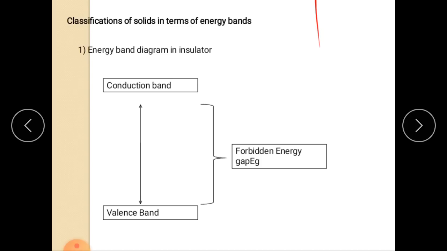The difference between the valence band and the conduction band is large. There is a large energy gap between them, and this forbidden energy gap is about or more than 3 electron volts in case of an insulator.